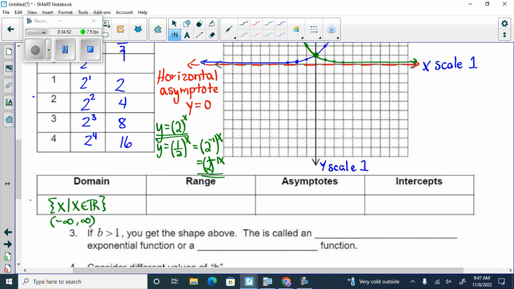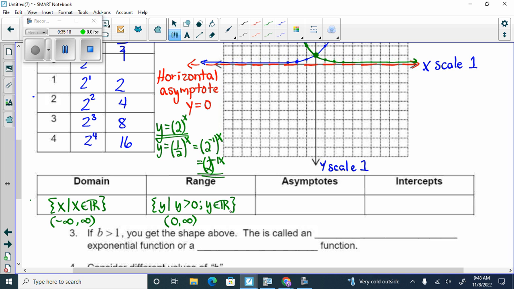And what is my range? In interval notation, 0 with a round bracket to positive infinity because it can't equal 0. It's everything above 0. So in set notation, we'd say y such that y is greater than 0. y is an element of the reals.